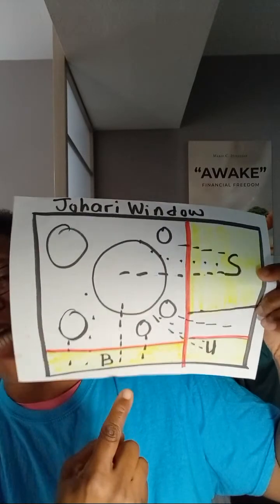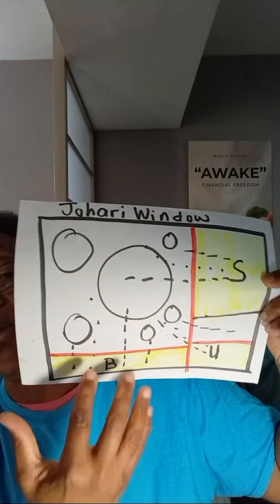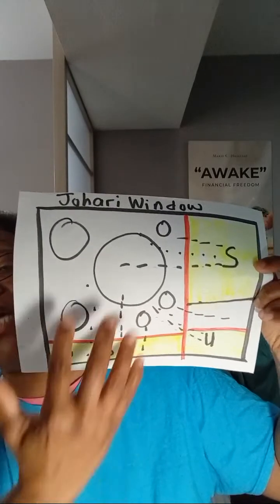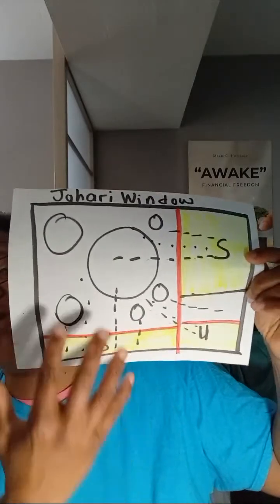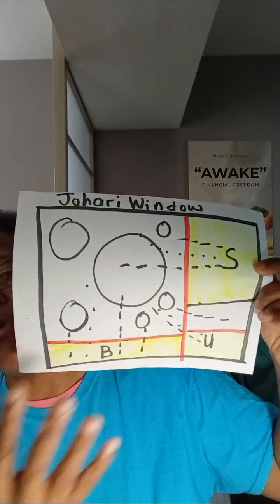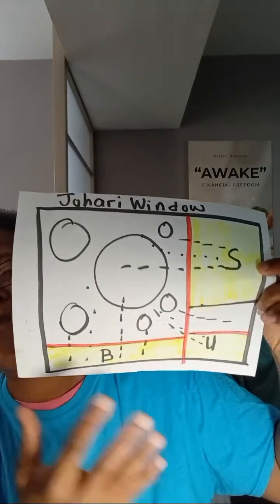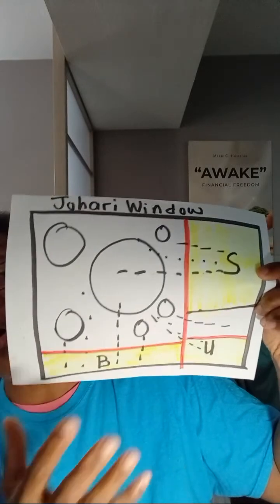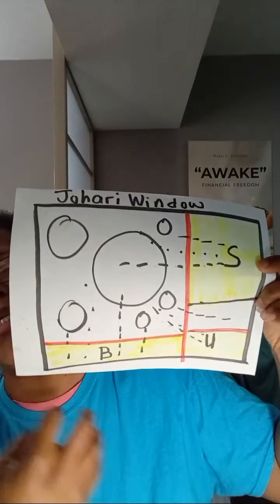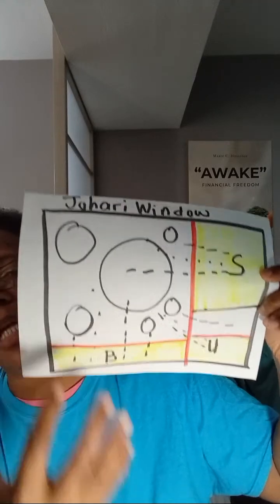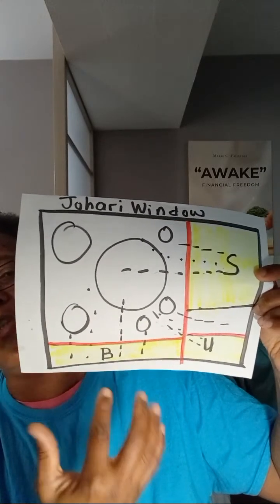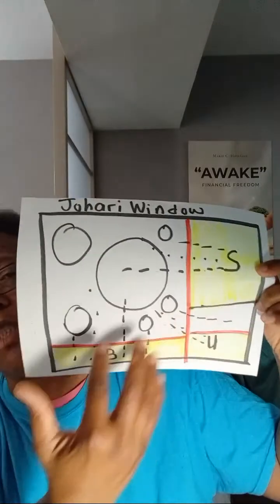So over time, that family member may tell you one day, I really resent you spending so much time on social media versus spending quality time with family, whether it's eating dinner, watching a movie, going for a walk, and so on. If they finally tell that person, then that information is released from the blind area of the Johari Window.